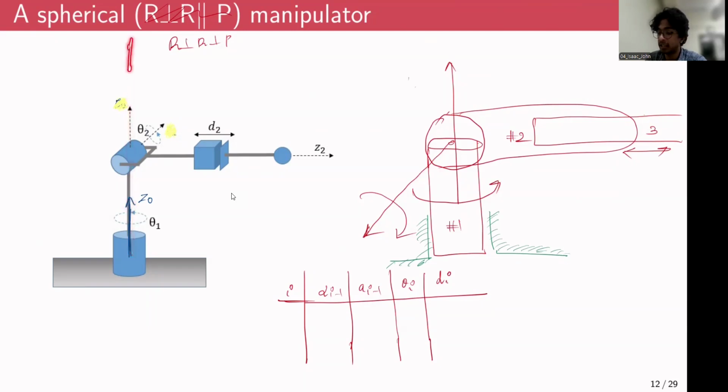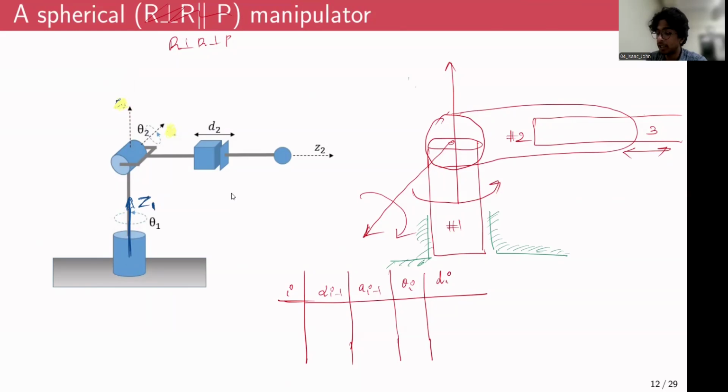If you want, you can attach it here, you can attach it here, it should not matter. As long as Z0 is along the axis of the rotation, that is still fine. So for the time being, let us attach a frame of reference Z0 here, at the very base. Sorry, we have to start attaching, it corresponds to the first joint, right? So it is Z1.